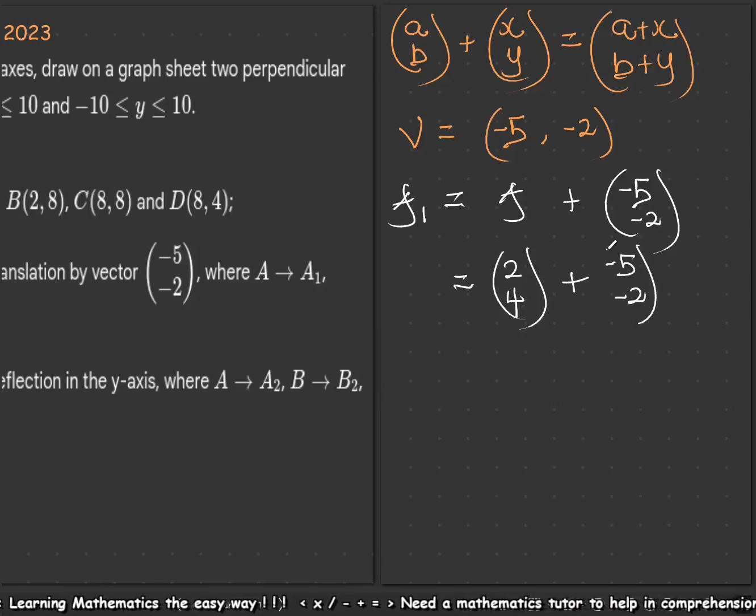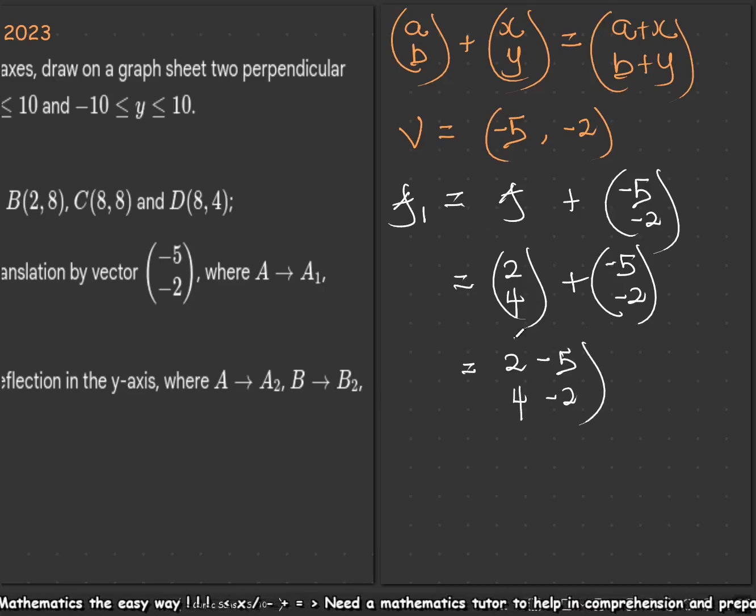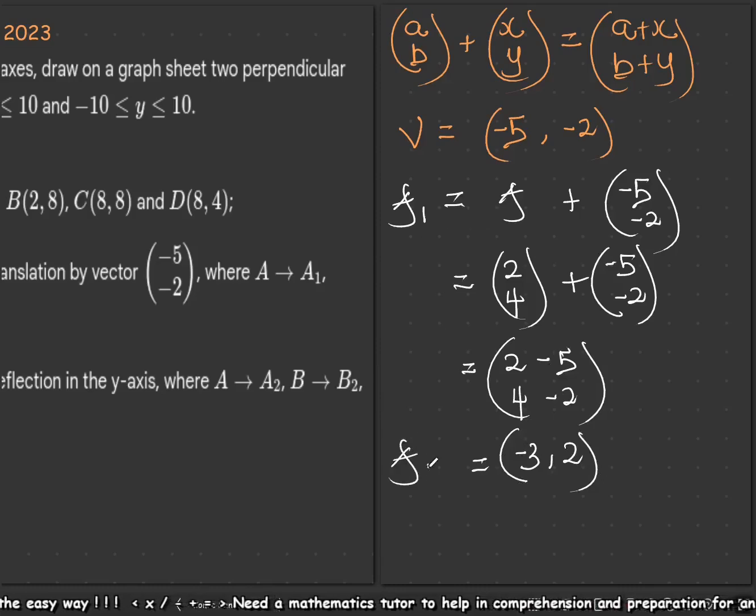This is where you apply a little bit of integers. We have 2 plus negative 5, then 4 minus 2. Evaluating further, 2 minus 5 gives us negative 3, and 4 minus 2 gives us 2. So that becomes the coordinate of A1.